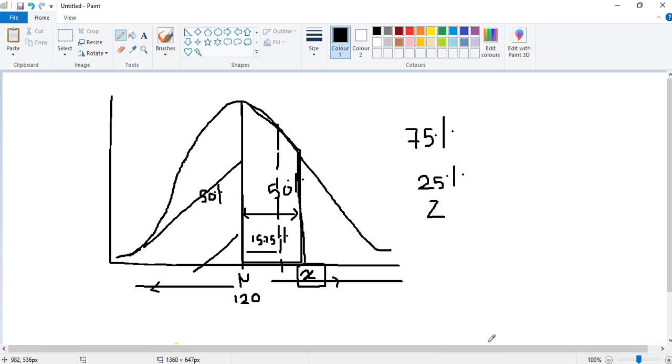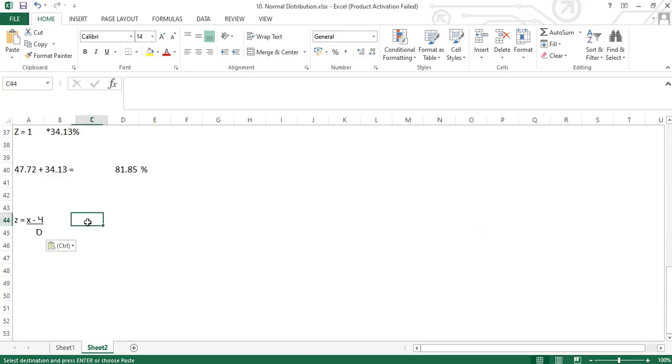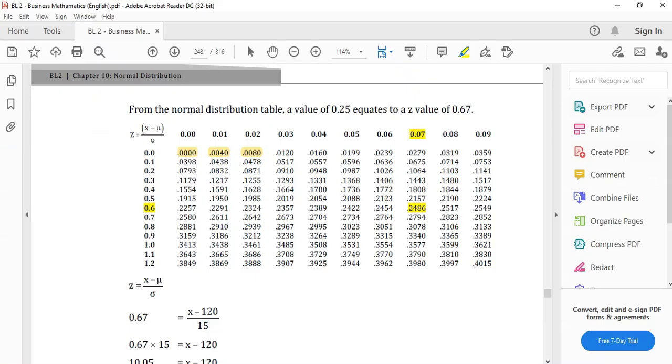For that we can use the normal distribution table. In the normal distribution table, search 25% in these middle values. 25% in decimals should be 0.25. Search 0.25 in this table.